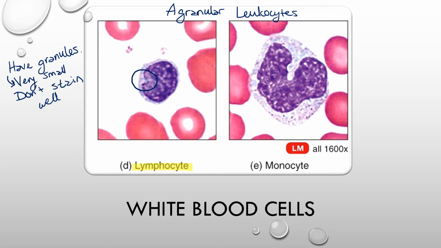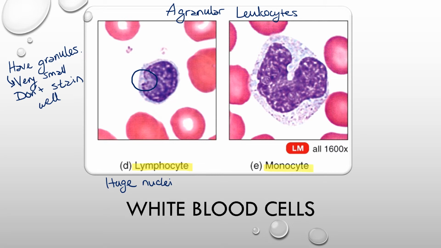Compared to the cell size overall, lymphocytes have huge nuclei. It covers almost the entire cell. But usually it's just a single lobe.